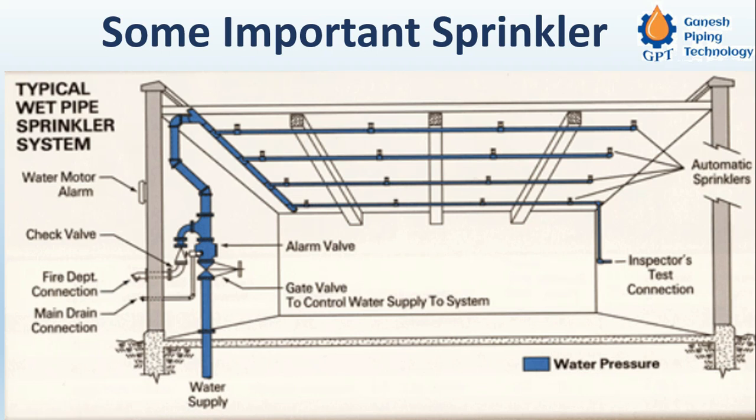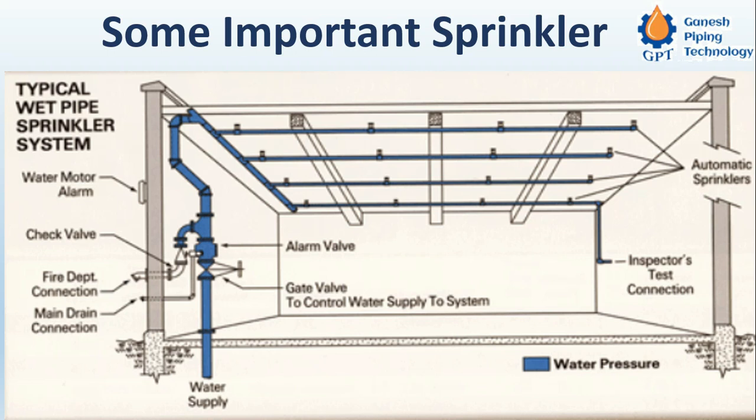What will happen is that the bulb will fuse, and the pressurized water in the sprinkler branches will immediately start spraying over the area affected by the heat zone because of that fire. When the water starts flowing in that area, first, it will lower the temperature.